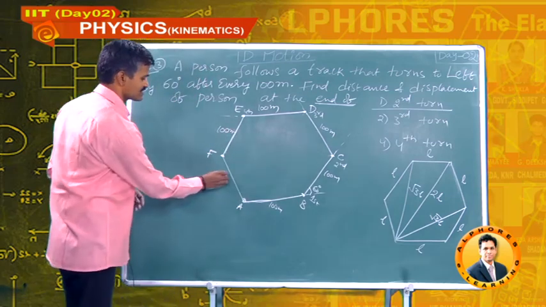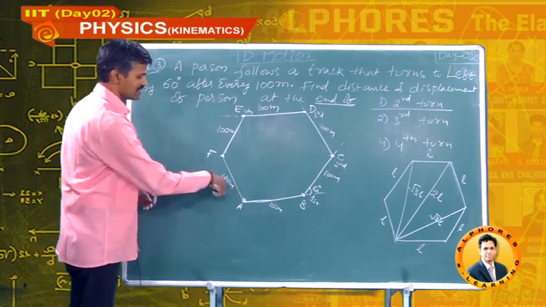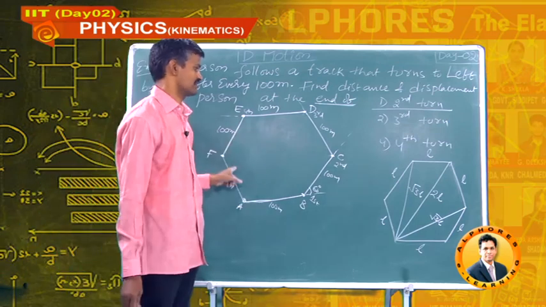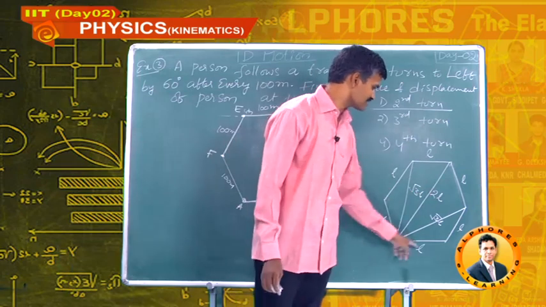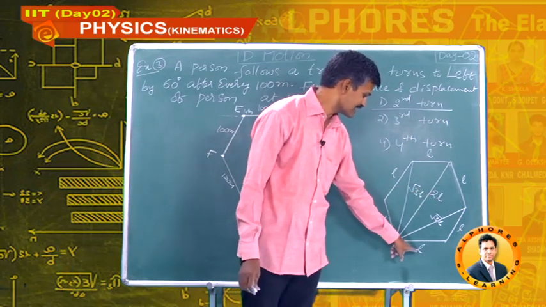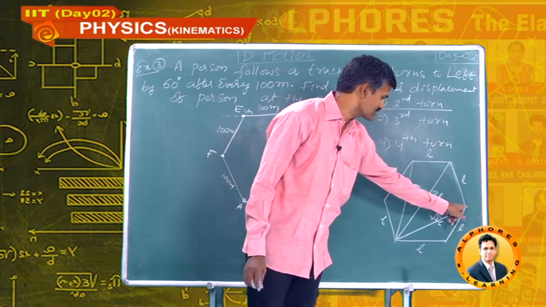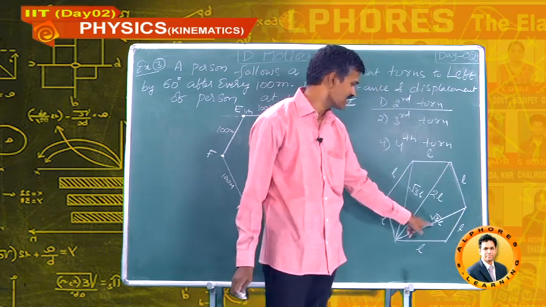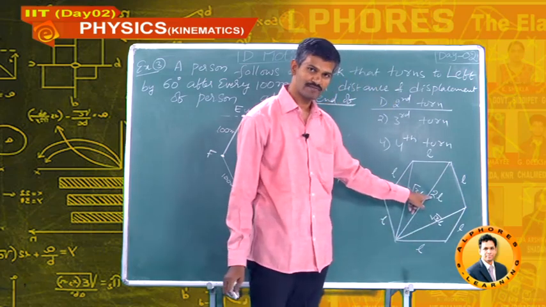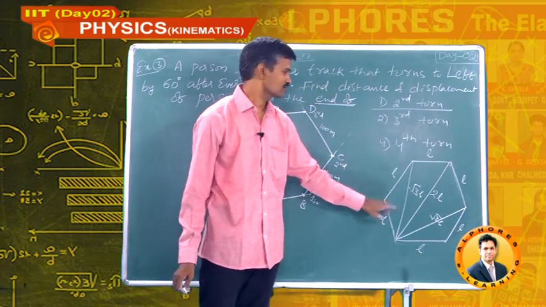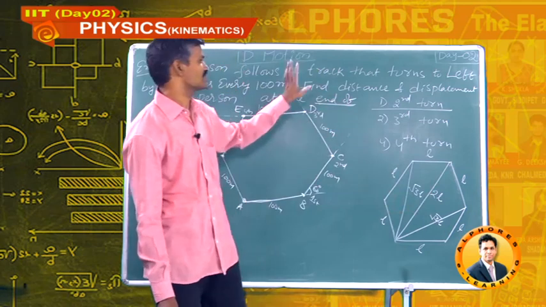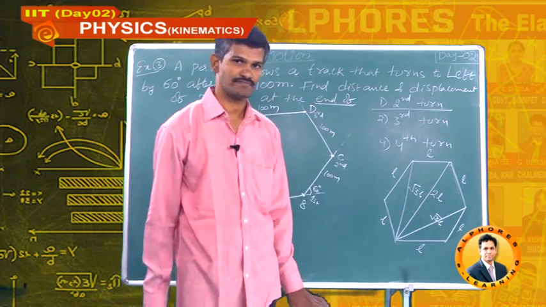If side lengths are the same, that shape is a regular hexagon. We already know from geometry, if one side length is L, then one diagonal is root 3 L, another diagonal is 2L, and another diagonal is root 3 L. So with this concept you can solve this problem very easily.